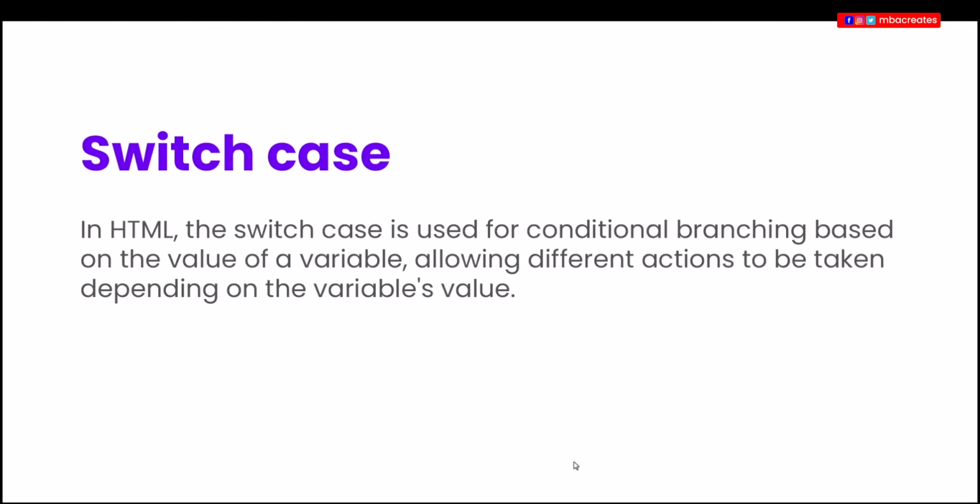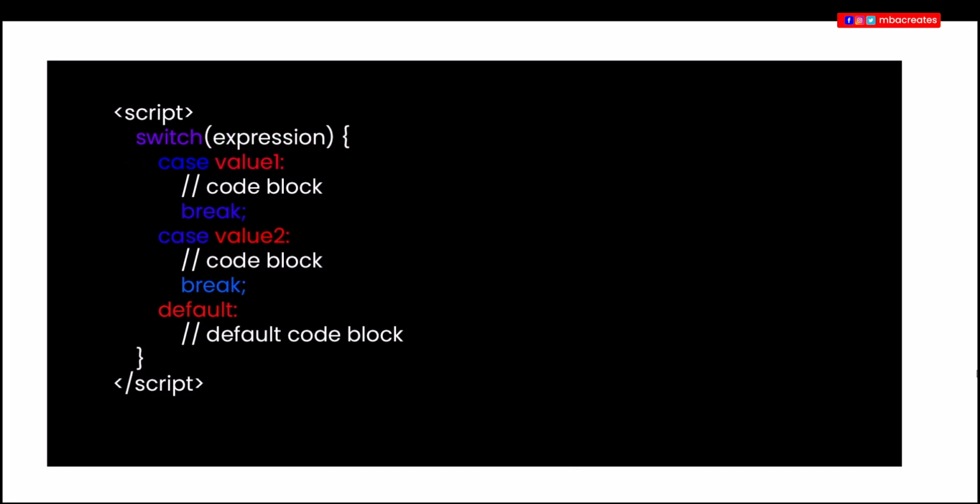In HTML, the switch case is used for conditional branching based on the value of a variable, allowing different actions to be taken depending on the variable's value. And this is how the syntax goes. Within your script tags, you begin with the switch and enter your expression in a bracket. You open the curly bracket and begin with a case for value 1, under which you write your code.